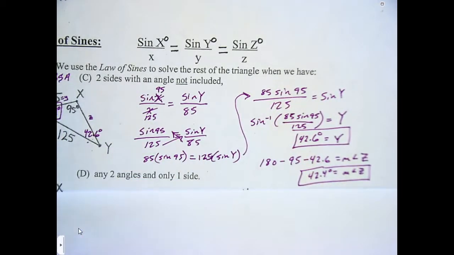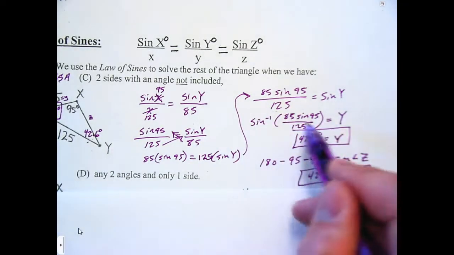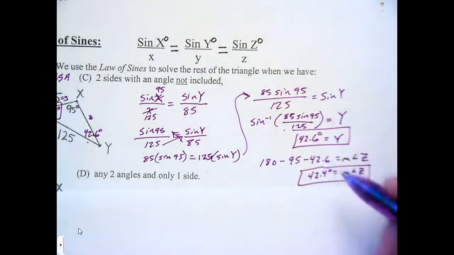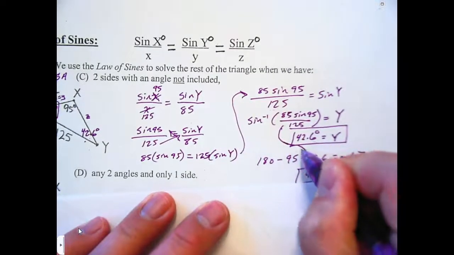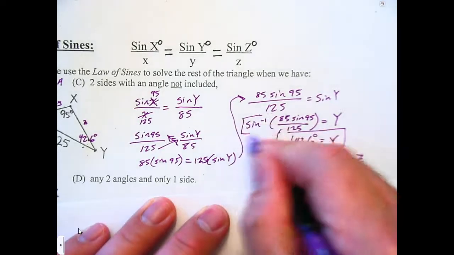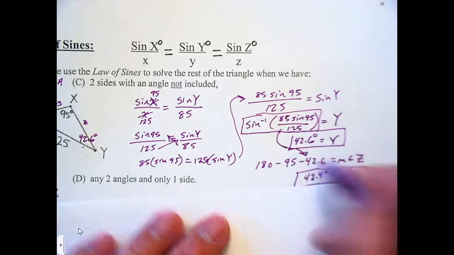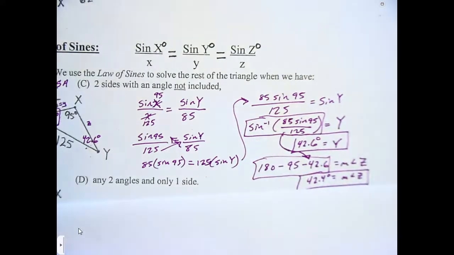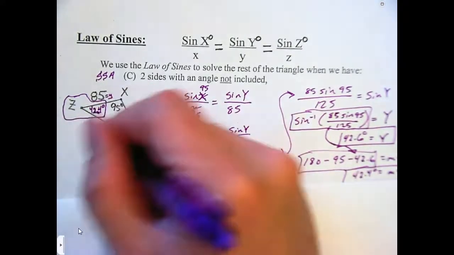If we didn't use that rounded value to find Z, we'd actually have to take this whole thing as our input for this piece right here, and then this whole thing in for angle Z, which is just a real pain. So we're going to use the rounded value of 42.4 for Z.